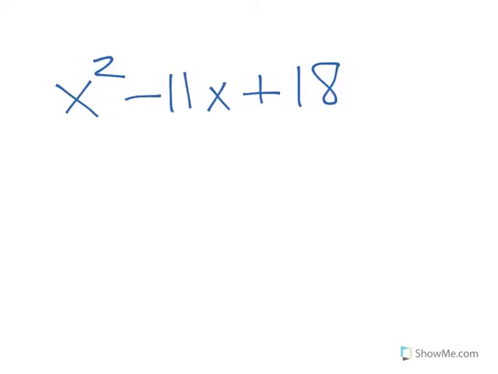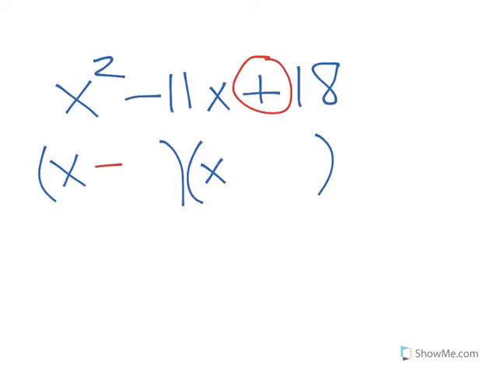So let's look at this example here. You can pause it if you want, and I'll show you the answer in a second. So what's going to be the pattern here? Okay, well, I've got that addition here, so it either has to be plus plus or minus minus. Then I have that subtraction piece there, so that gives me the idea that it has to be minus minus.